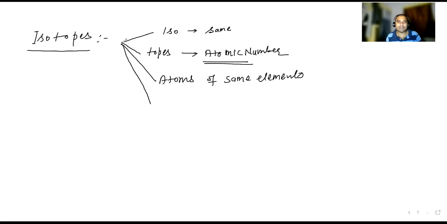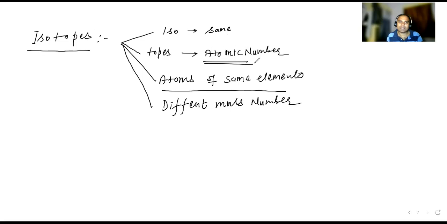But what is different? Different mass number, right? So isotopes are atoms of the same element having the same atomic number but different mass number.